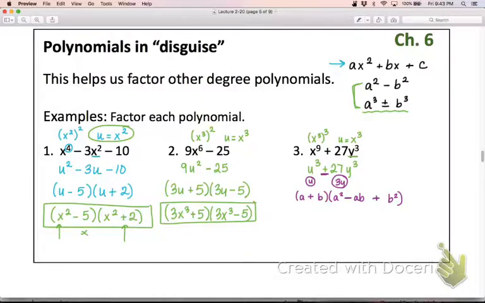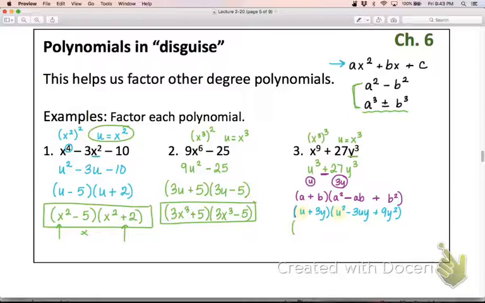So now we just plug those into our formula. So we have u plus 3y times u squared minus 3uy plus 9y squared. But remember that u was holding the place of that extra messy stuff we had, which was an x to the 3rd.